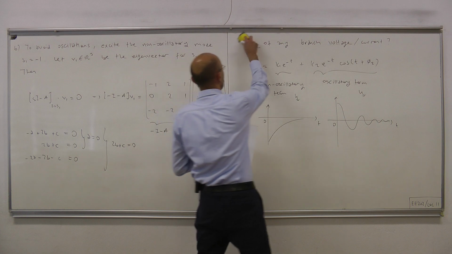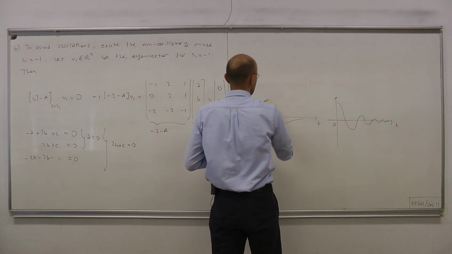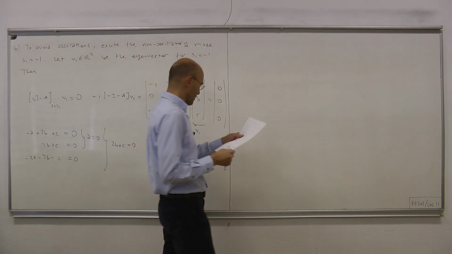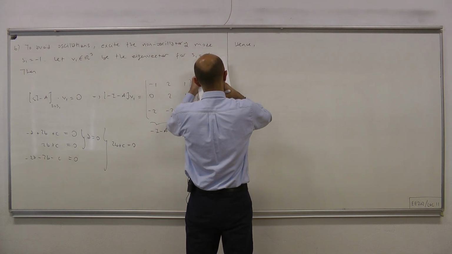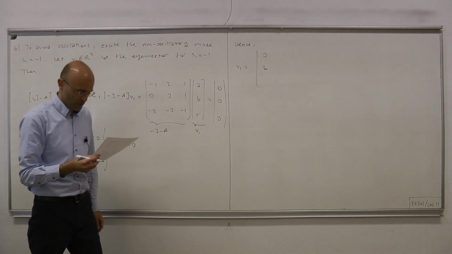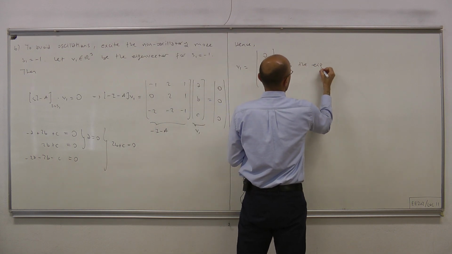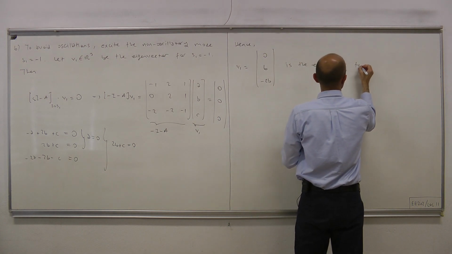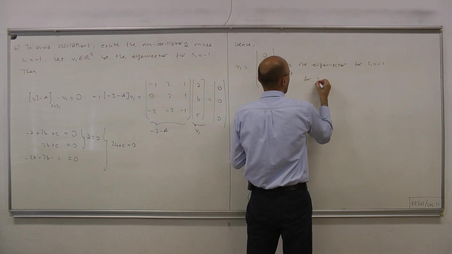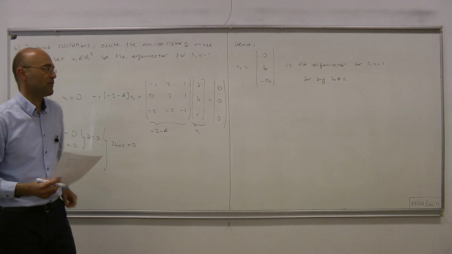Hence, V1 equals A equals 0, B, let B stay as it is, and minus 2B is the eigenvector for s1 equals minus 1, for any non-zero B, because if B is 0, then V1 is 0, but by definition an eigenvector must be a non-zero vector.